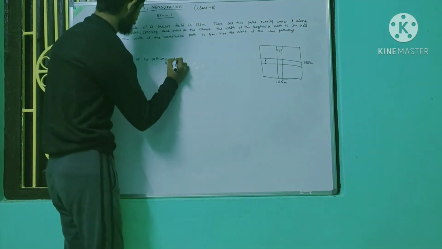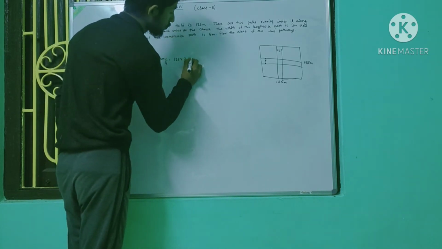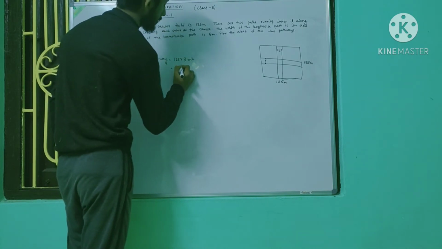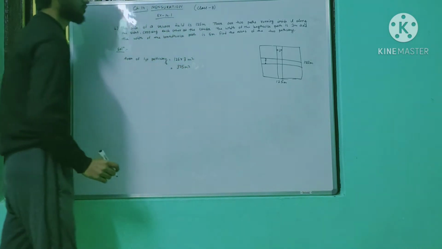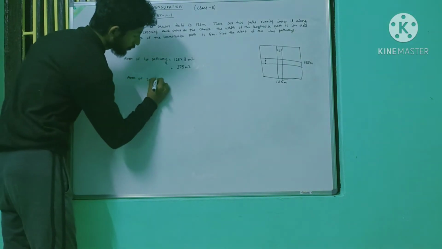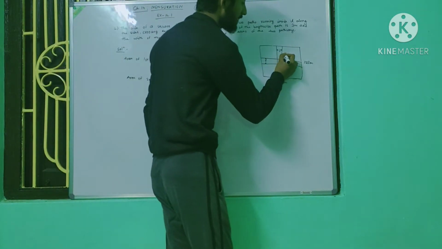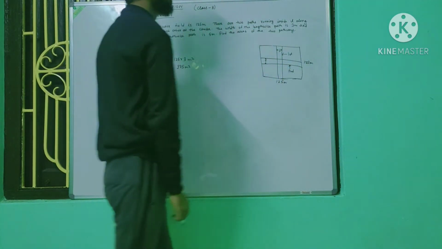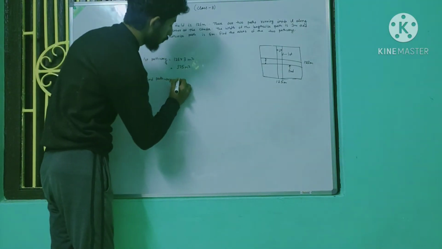So what can you do? 125 into 3, because length into breadth rules. So it's meter square. That means 375 meter square. Now area of the second pathway, because suppose it is first pathway and it is second pathway, then the area of the second pathway will be 125.